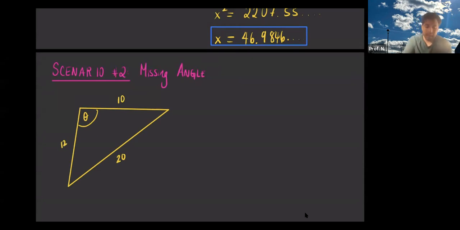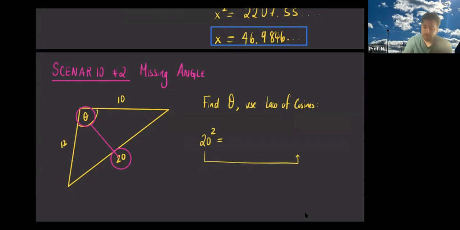So the first thing I want to highlight to you is theta and 20. These are the pairs, right? This is the side with the opposite angle pair. So because that's the case, when I want to find theta, I'm going to use the law of cosines. And again, it's all about setting it up correctly. So how do I set this up? Well, the opposite side is 20 squared in this case. And then what's the opposite angle?